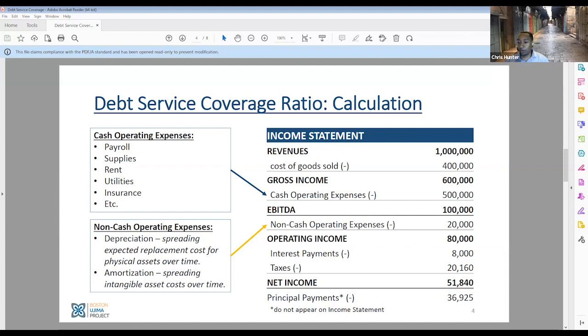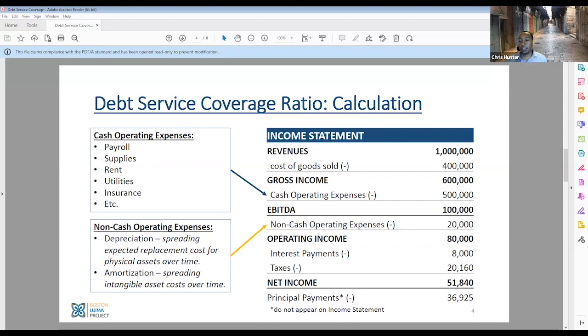give anyone money for, but they are expenses that you go to the IRS and say, hey, I'm recognizing this expense. A quick note on depreciation is that it is associated with physical assets. If I buy a car, I might be using that car for the next 10 years.